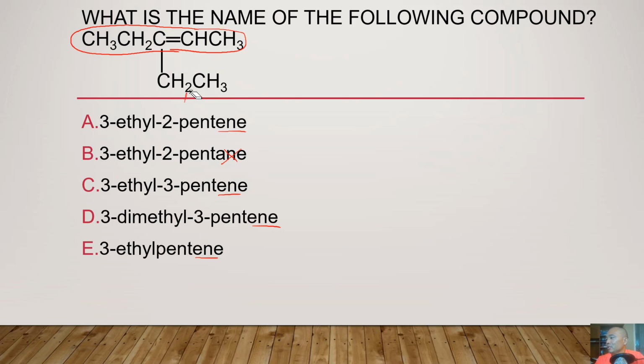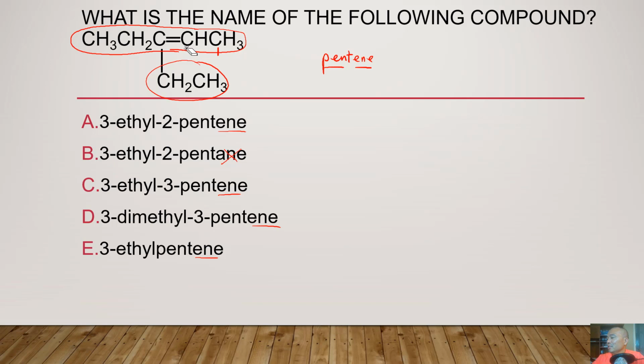Okay, so I'm going to erase this one. The longest chain will have how many? 1, 2, 3, 4, 5. It's 5 carbons, so the base name is going to be pent. Since it's an alkene, you have an ENE ending. That's called pentene. Now you're going to do the branch. So on which carbon is the branch? You must number from the right side, because that will give you a lower number for this double bond.